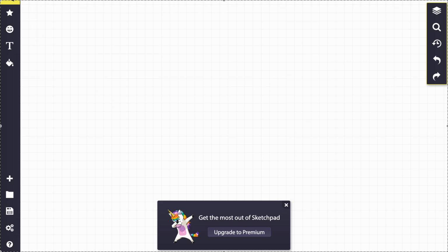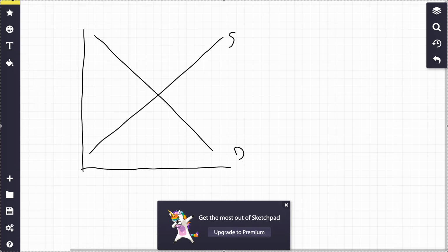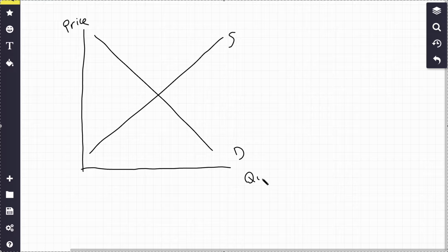If I just draw a typical market diagram, we have a supply curve here and a demand curve here, and we have price here and quantity output. The equilibrium price originally is here, so price 1.